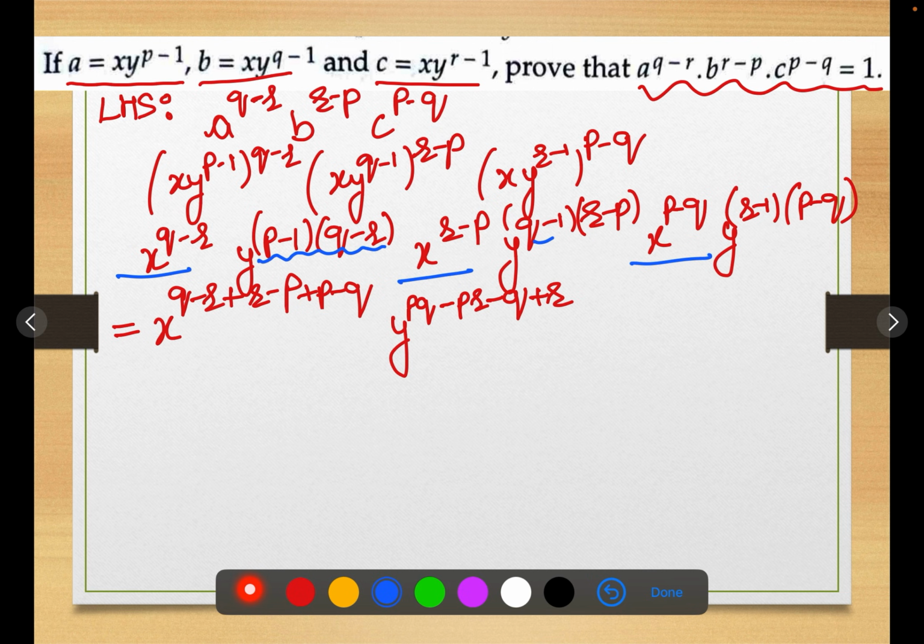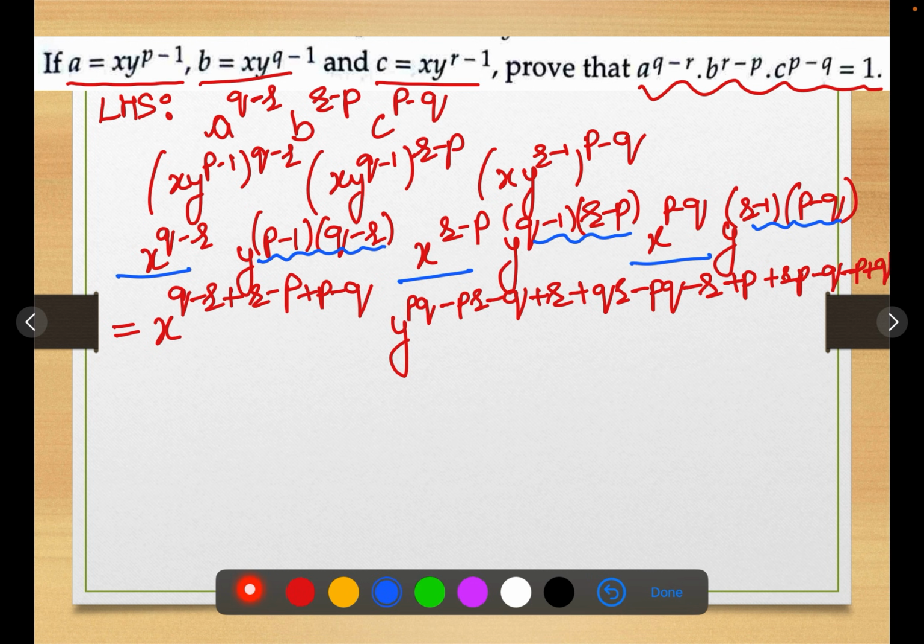Now the next, this. So what I'll get is qr minus pq minus r plus p. Then this, which is plus rp minus q minus p plus q.